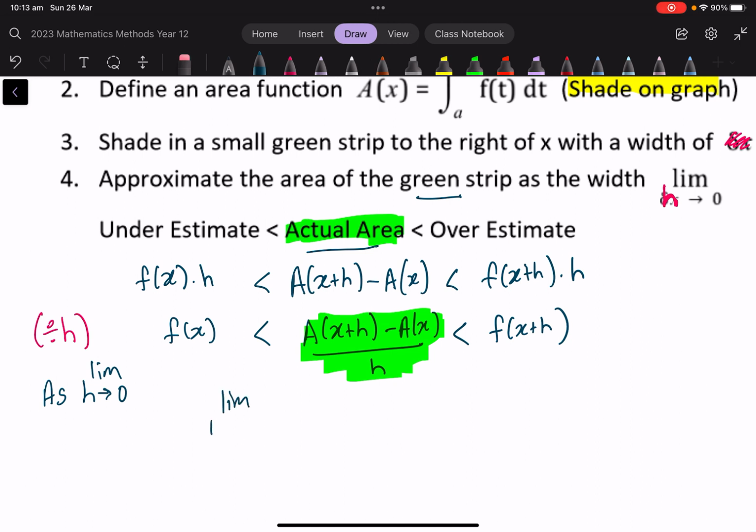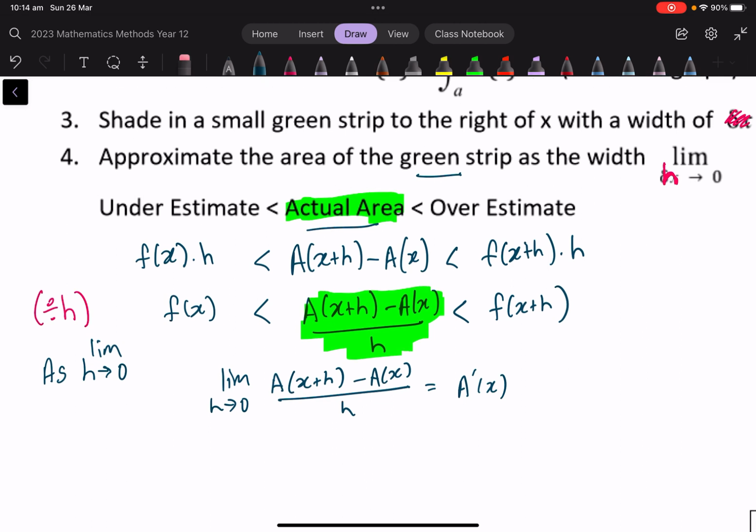So the limit as h tends to 0 of A of x plus h minus A of x over h, from our first principles, whenever we've seen something like that, that's essentially rise over run, isn't it? So that's going to be equal to the derivative of the area function at x. That's what that means.